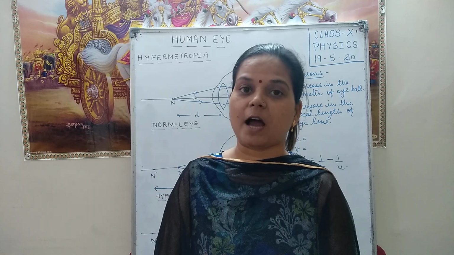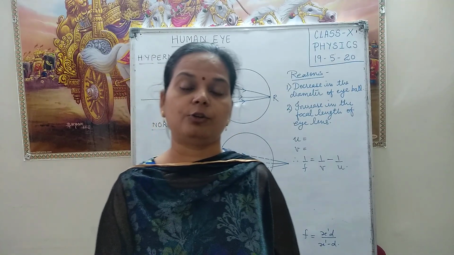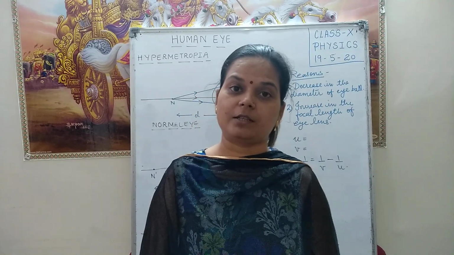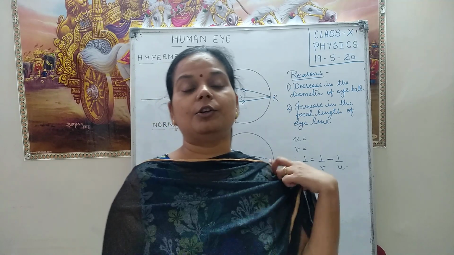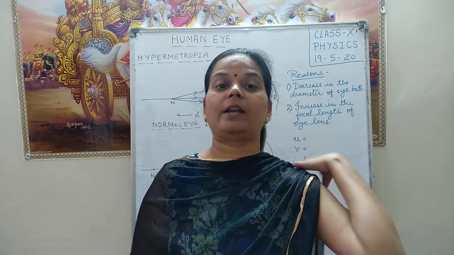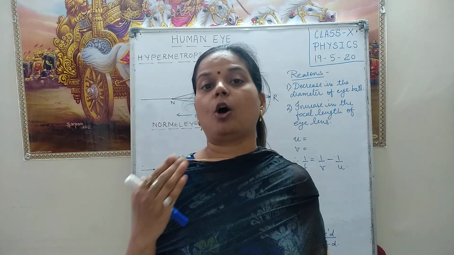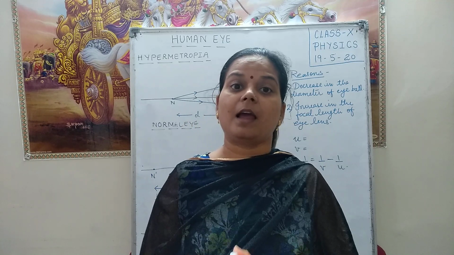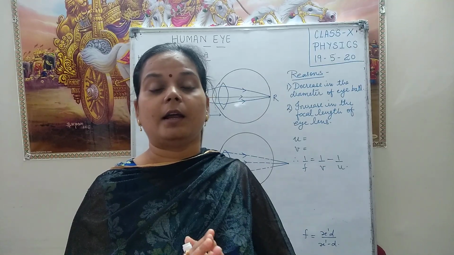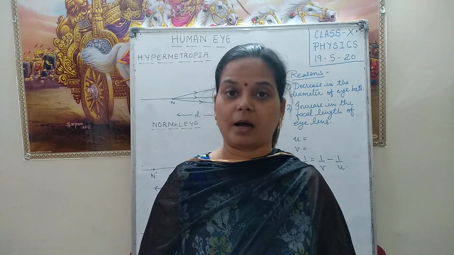So in case of hypermetropia, I want to remind you all about the near point of the human eye. We have discussed while talking about the power of accommodation that the near point of human eye is 25 centimeter. That means we cannot see the objects clearly if the object is placed at a distance less than 25 centimeters from our eyes.